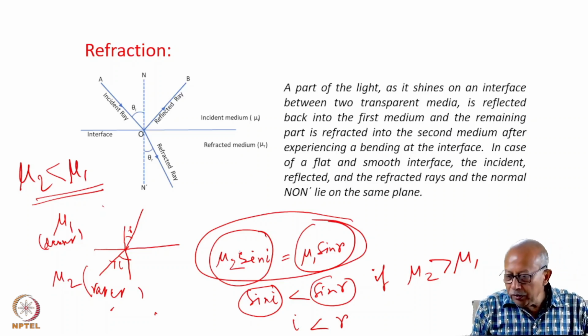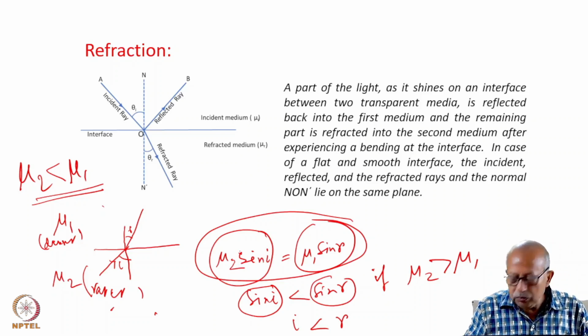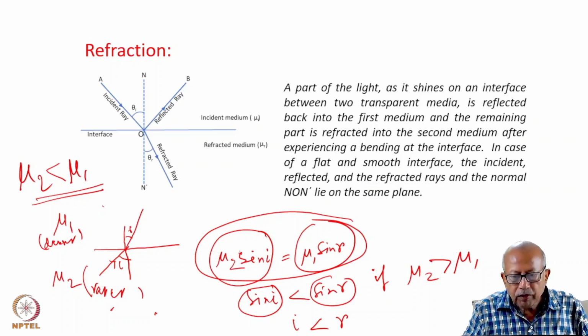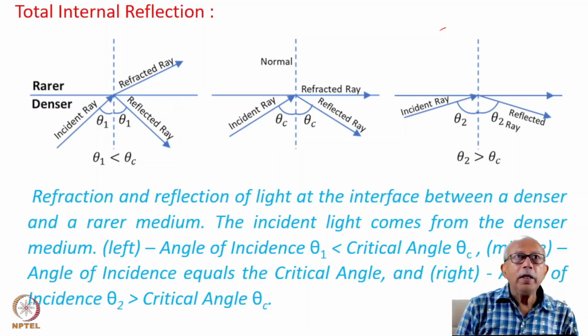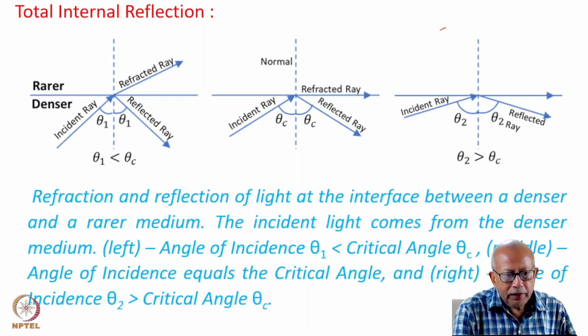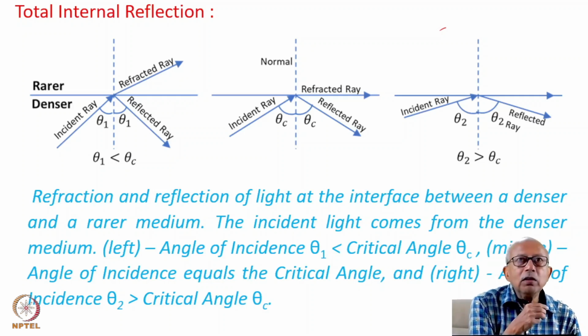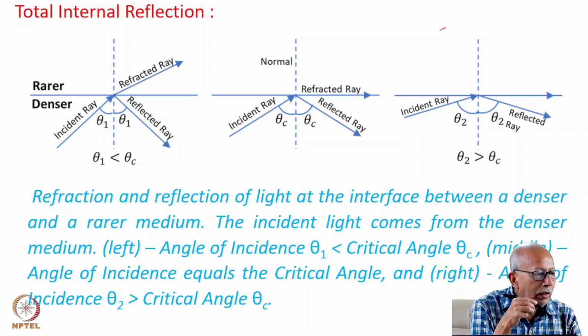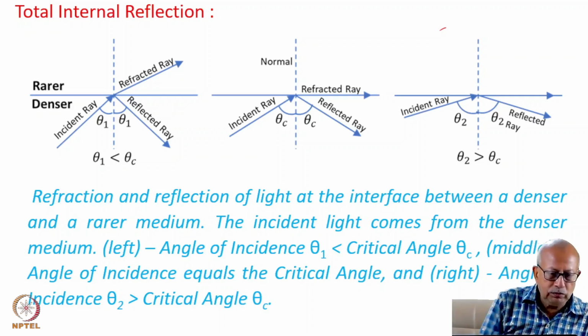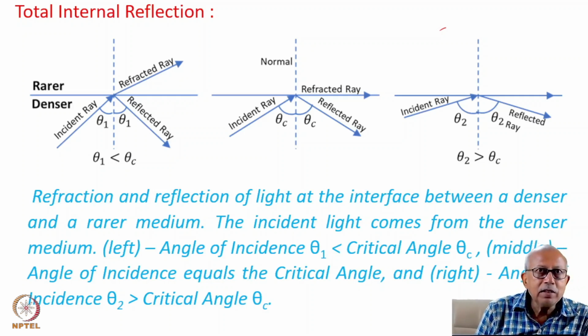Now, from here, we move into another kind of reflection. So, we now study yet another kind of reflection, which is called total internal reflection. As we know from Snell's law, we just learned that the light ray bends away from the normal when it travels from a denser to rarer medium.